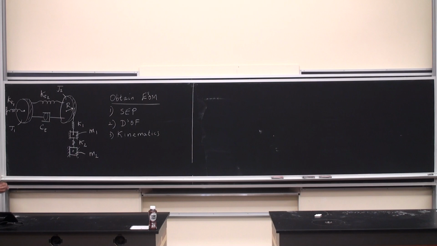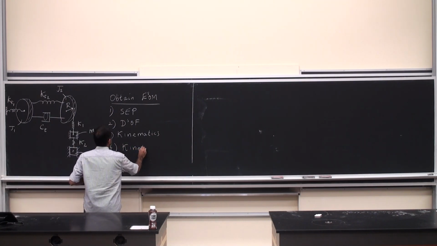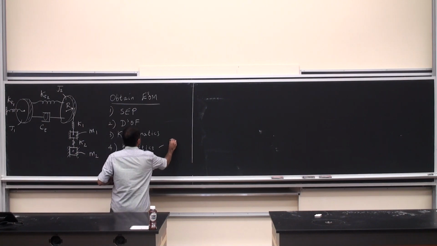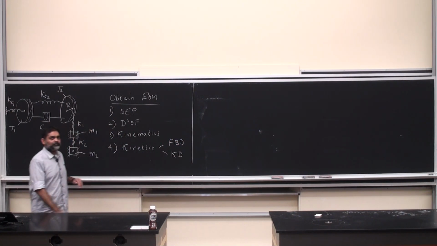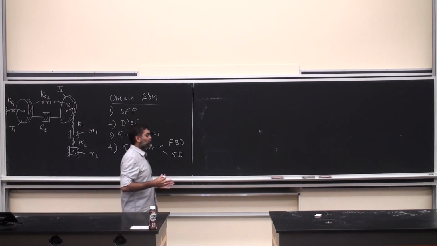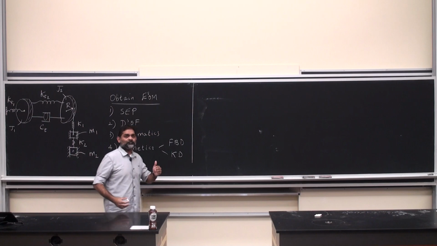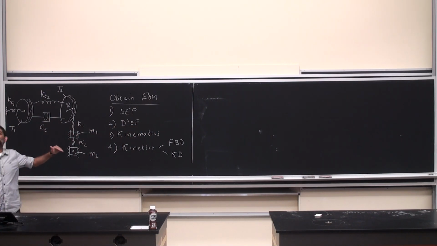And then the last part is the kinetics of the problem, where you look at the free body diagram and kinetic diagram. So if you want a structure for the mechanical systems problem in 3260, this is a structure. Beyond this, it is anybody's guess as to what we are going to do.